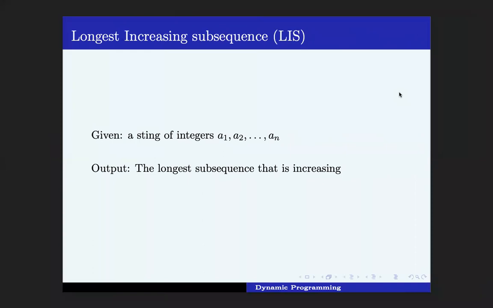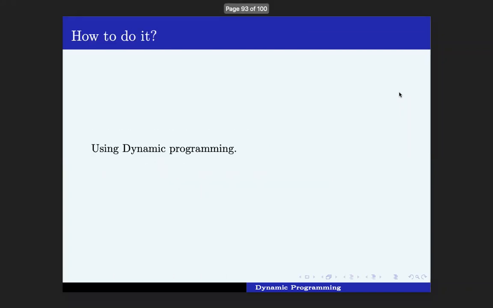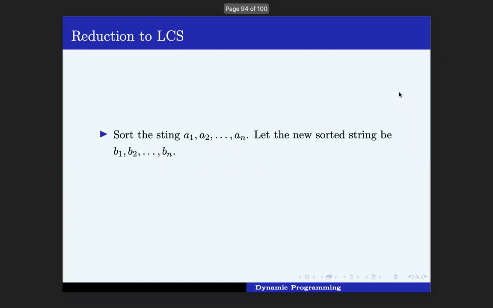This is a concept called reduction, one more concept in algorithms that we will be doing a lot in the next couple of weeks. What happens if I sort this string A1 to An? Then the new sorted string is B1 to Bn, just a sorting of A1 to An.